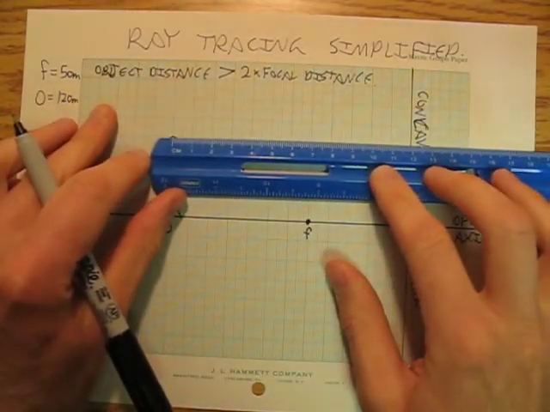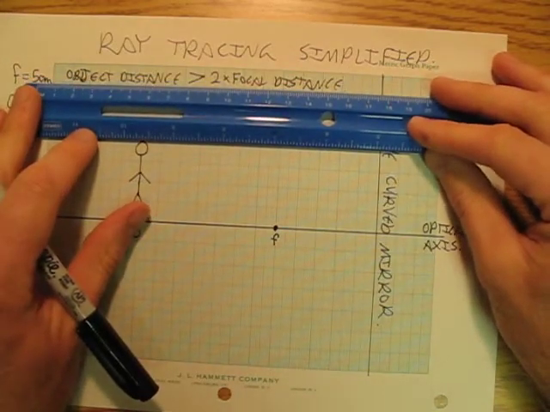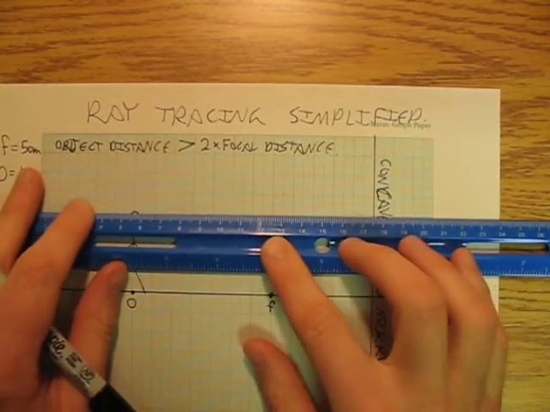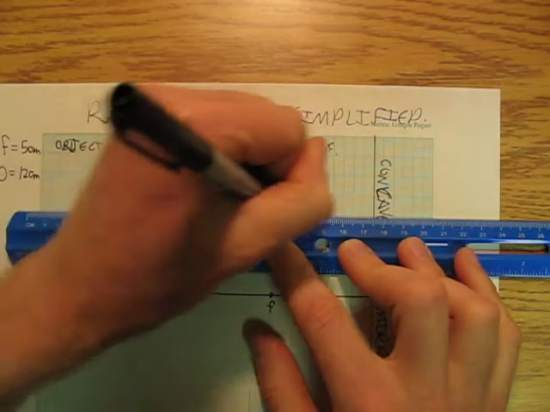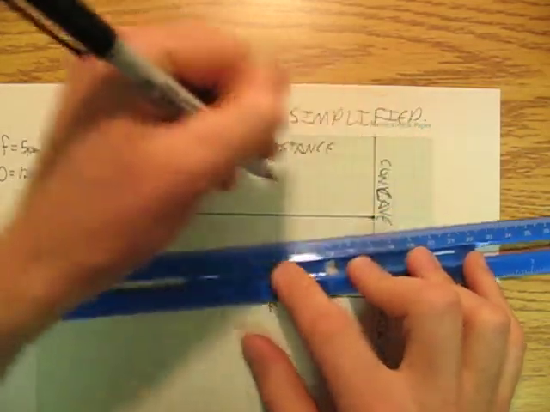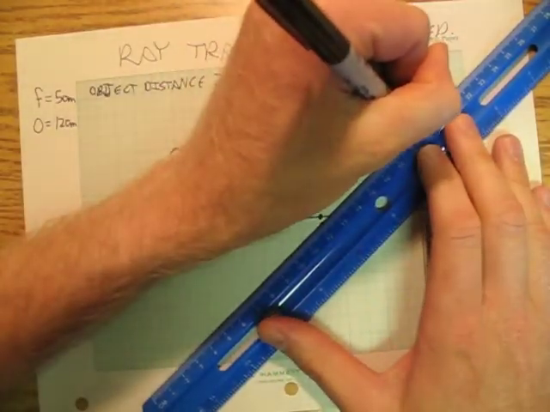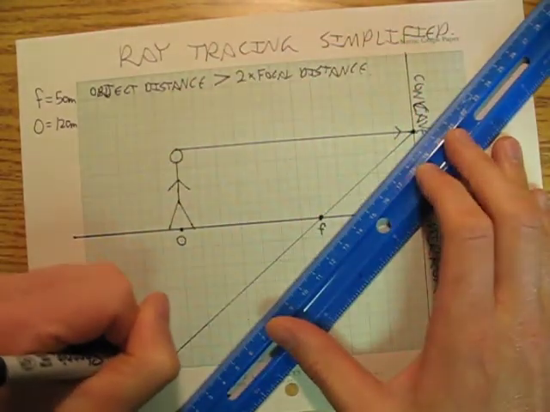So first thing I do is I have a ray of light that comes parallel to the optical axis. Let me get down so I can draw it as best as I can. Ray of light comes parallel to the optical axis, and from our previous video we showed that that's going to exit through the focus.